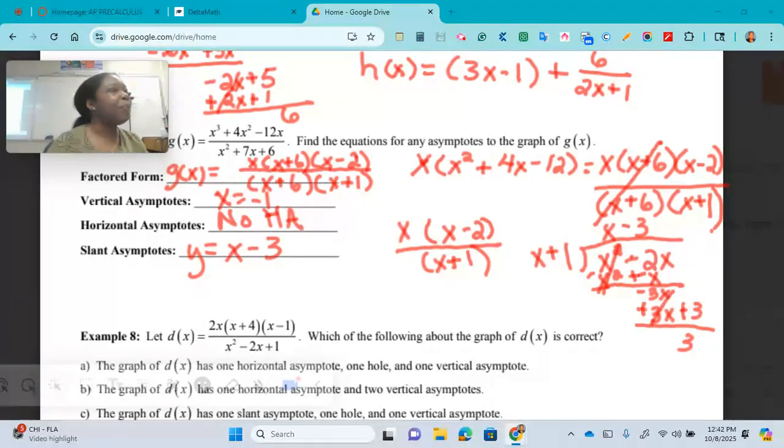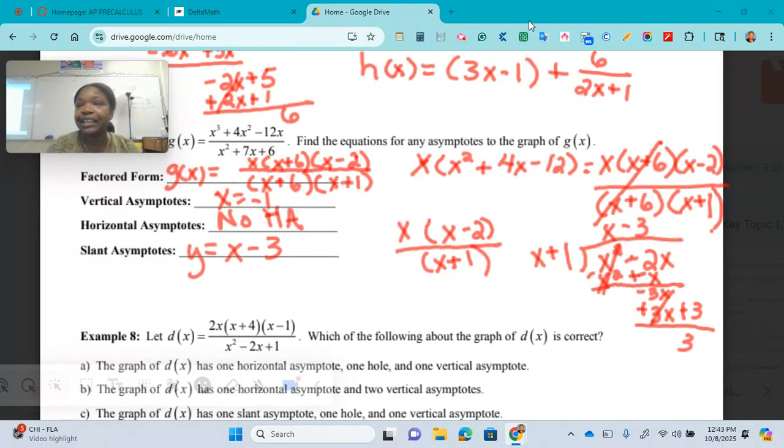Can you say that a little bit louder, Vanessa? Excellent. The degree of the numerator is 1 degree higher than the degree of the denominator. So we're dealing with a slant asymptote.